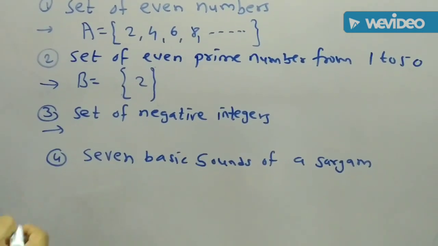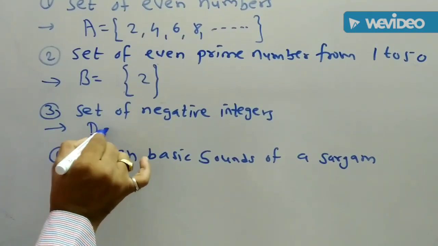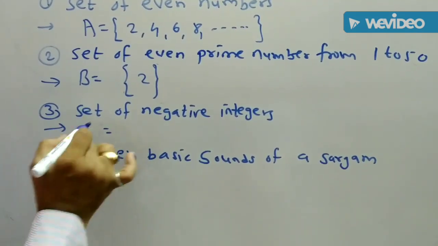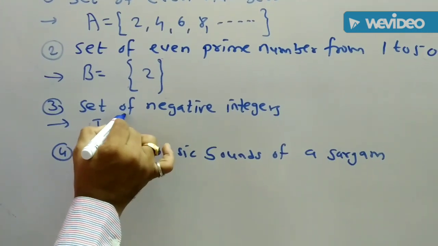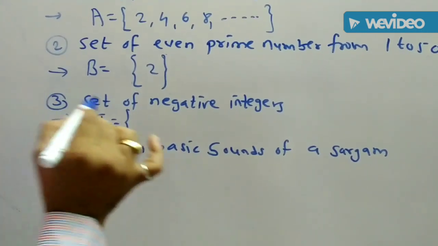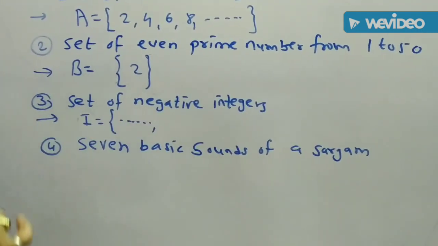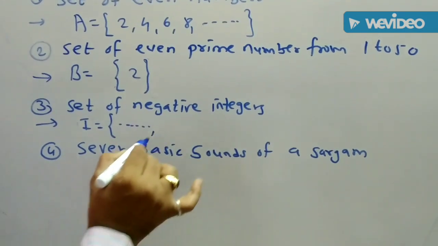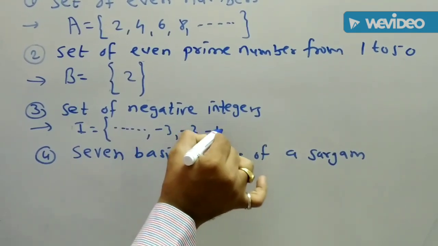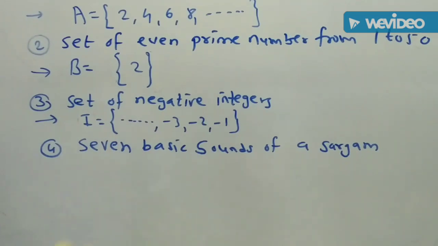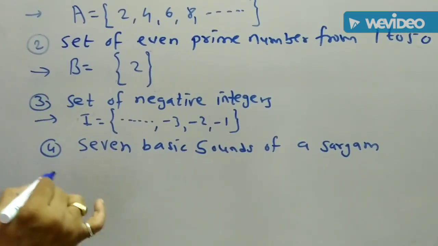Therefore here the element is only 2. Then the set of negative integers, I write as D, or integer, that is I. Now the set of negative integers is ..., -3, -2, -1. The last negative integer we cannot define, therefore we write -3, -2, -1. This is the set of integer numbers.